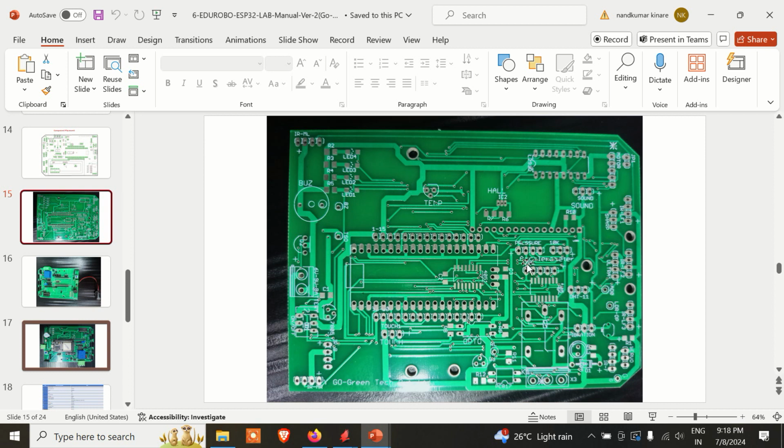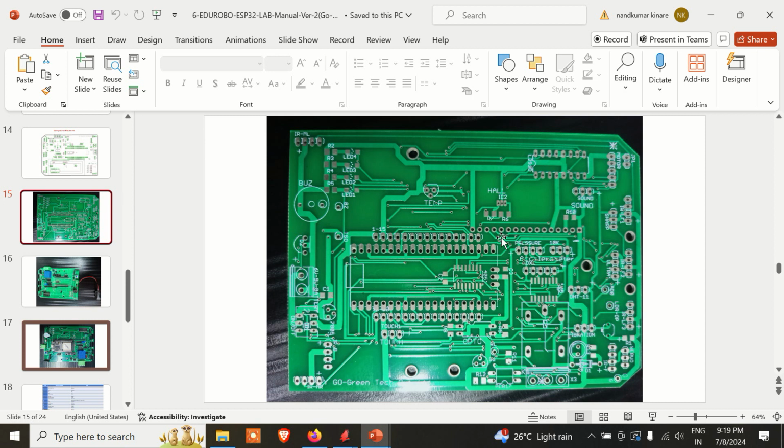Tracks are there on the top side and on the bottom side, but at least check the supply track, because if there is a problem, either open or short, once you mount the components it's very difficult to find the manufacturing defects, because the supply tracks pass through the entire PCB on the top layer as well as the bottom layer.